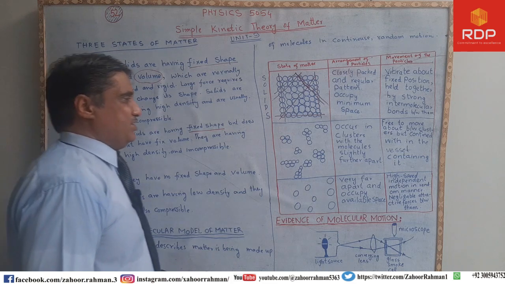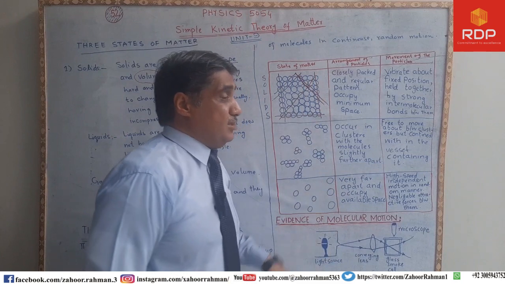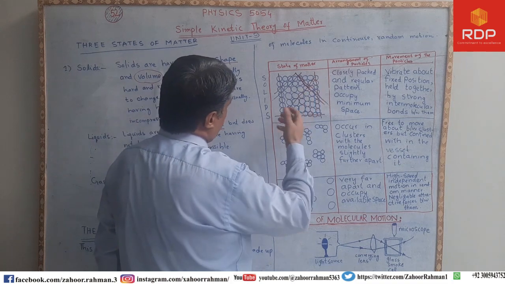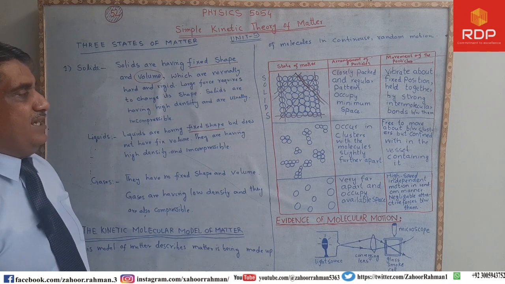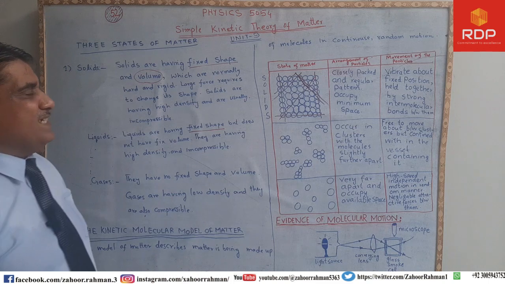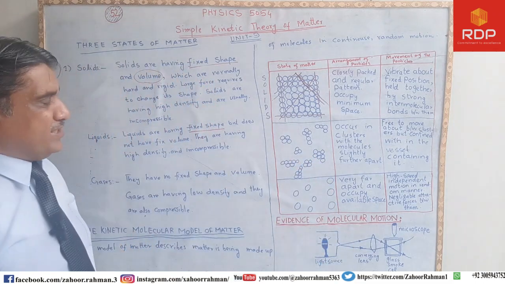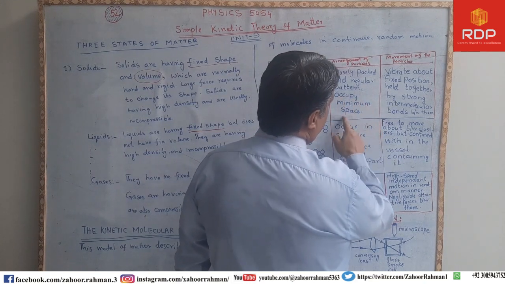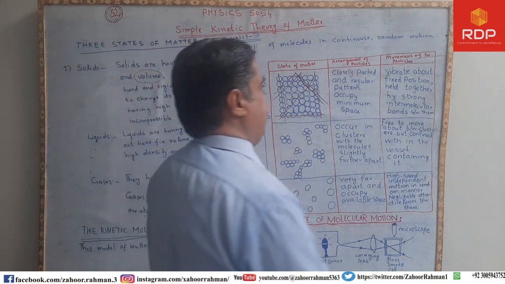Because my specialization was in solid state physics, I studied crystallography in greater detail, and crystals also have a very precise pattern when studied internally through a high resolving microscope. The same case is in the solid. They are closely packed together. Why? They occupy minimum space. So that is why they are occupying minimum space.